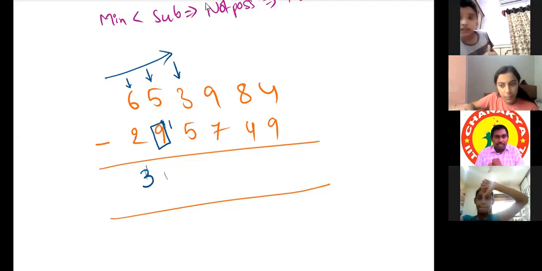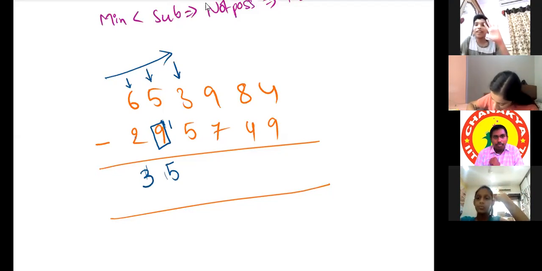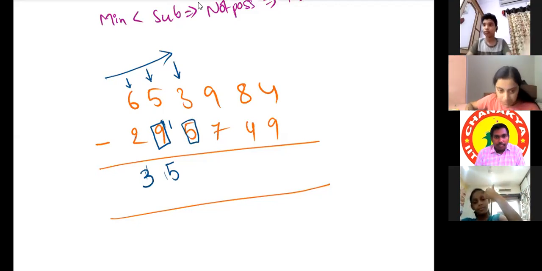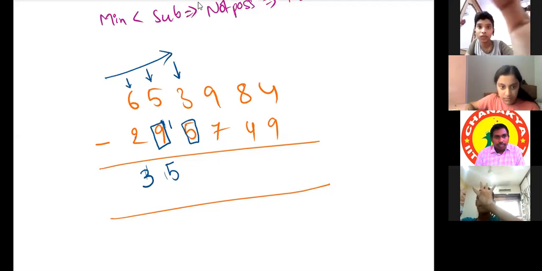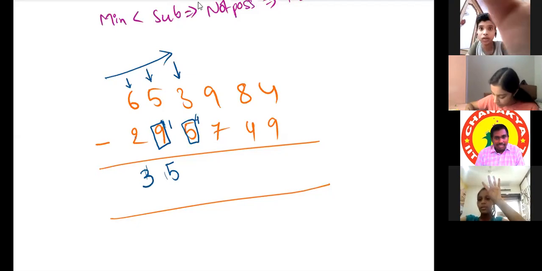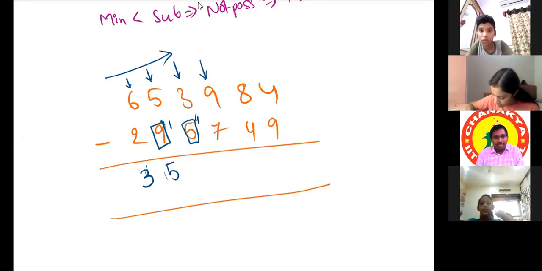Mismatch. Because it's a mismatch, 6 becomes 5. Next, because it is also a mismatch, the complementary pair comes into the picture. 5's complement is 4. Add that 4 to 3, it will be 7. Before writing 7, see the next column. Match or mismatch?